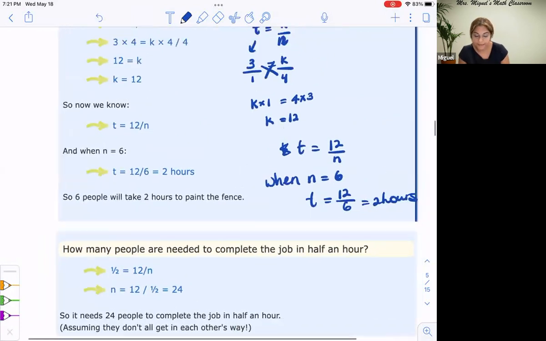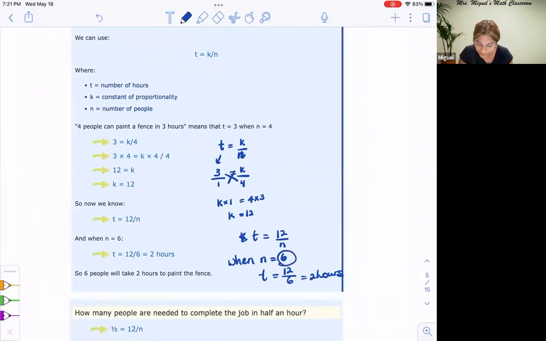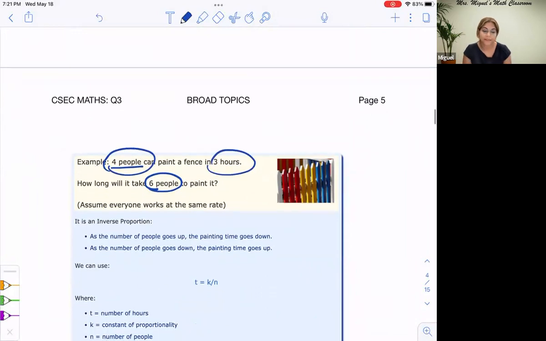Does that make sense? That 6 persons will take 2 hours and 4 people will take 3 hours. Does that make sense?